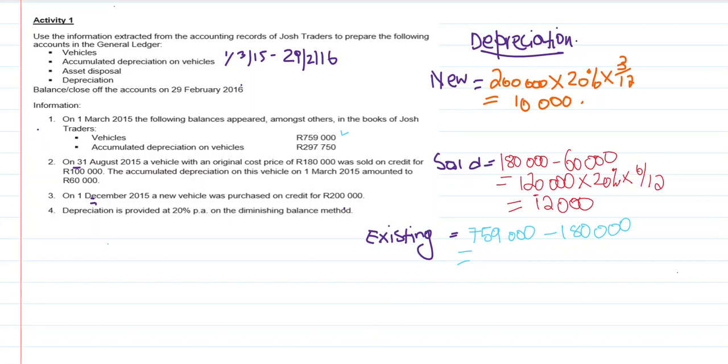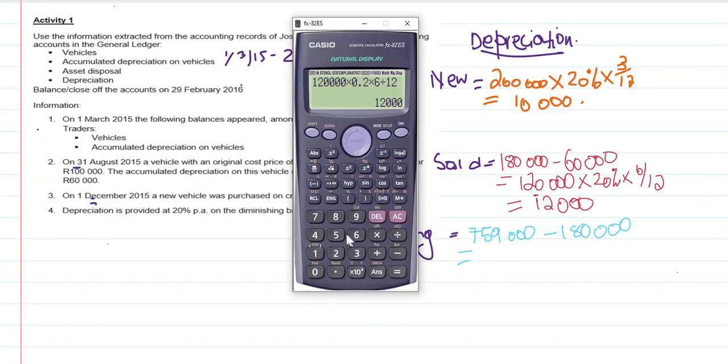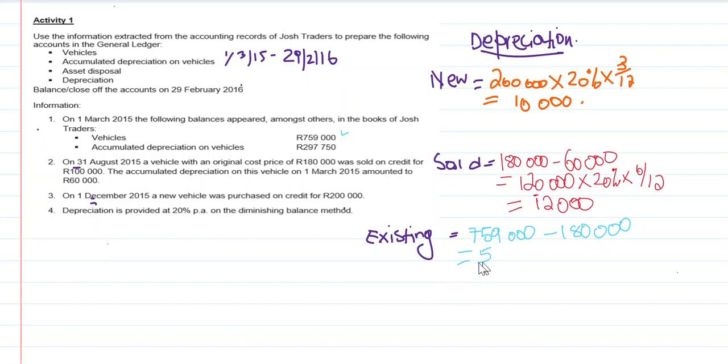This gives us 579,000 rand. So this is the cost price after deducting the sold vehicle. Then we calculate the accumulated depreciation at the beginning.